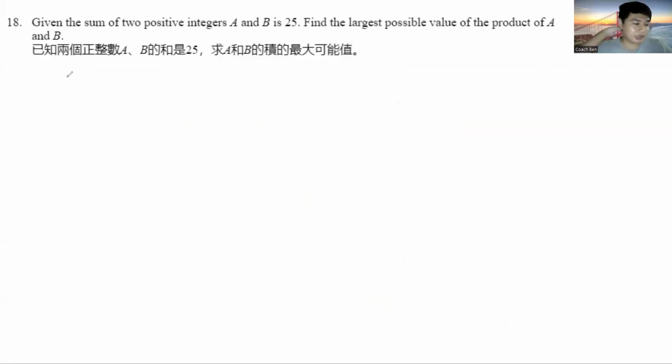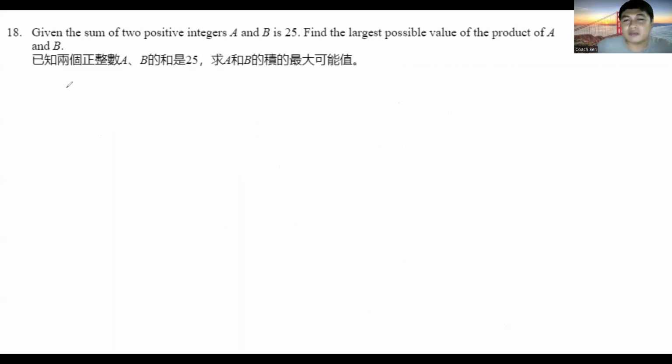Given the sum of two positive integers A and B is 25, find the largest possible value of the product of A and B. Sir, can I answer this question? Okay, go ahead. 25 equals 1 times 25 and 5 times 5. Then we have 1 plus 25 equals 26, and 5 plus 5 equals 10.